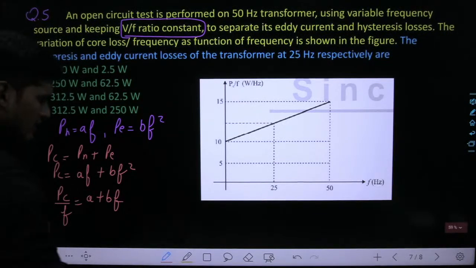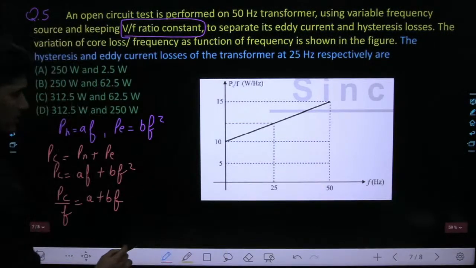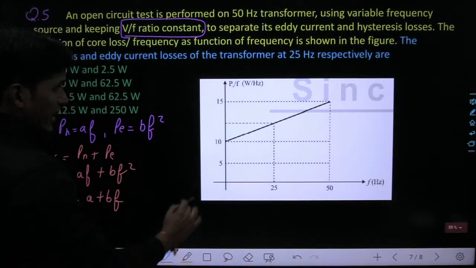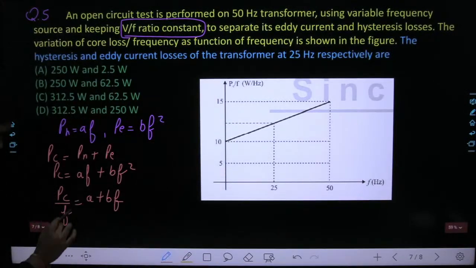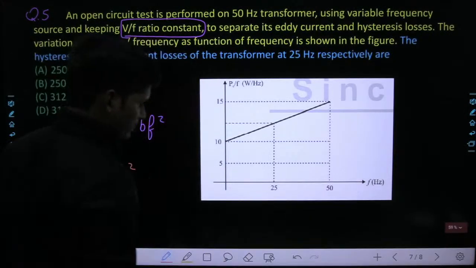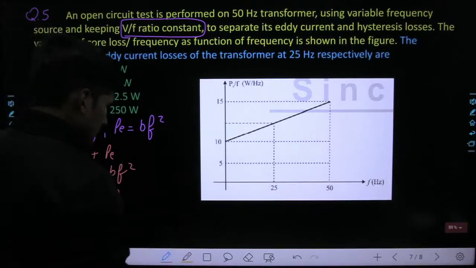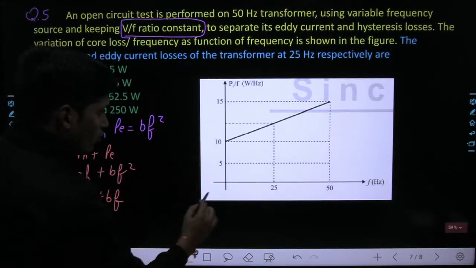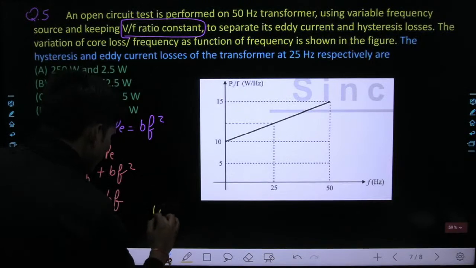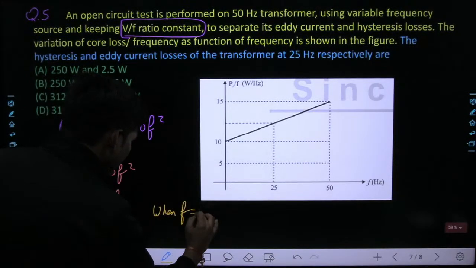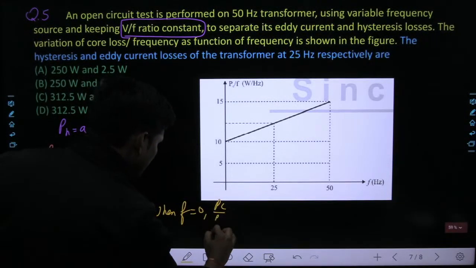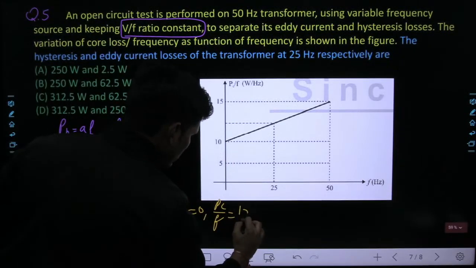And in this particular graph, it is given the variation of PC by F with respect to frequency, in which it is given that when frequency is 0, PC by F is 10.